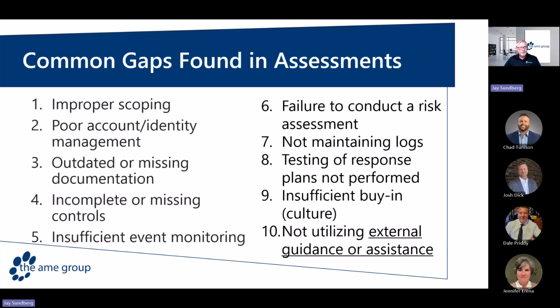The gaps that we find most commonly when we're helping a customer work through this assessment process. Number 1 is improper scoping. And this is a big one because this directly affects the level of effort and cost that you have to put into becoming compliant. So the items in scope are items that are going to store, transmit, or provide access to CUI. So it's devices, it's user accounts, it's cloud platforms, whatever you're using, wherever that CUI information might flow through in the course of events.